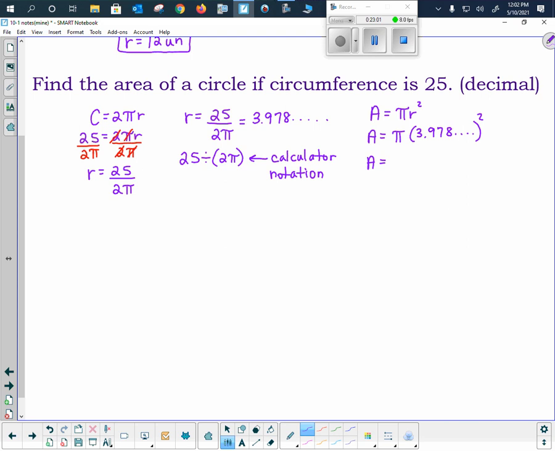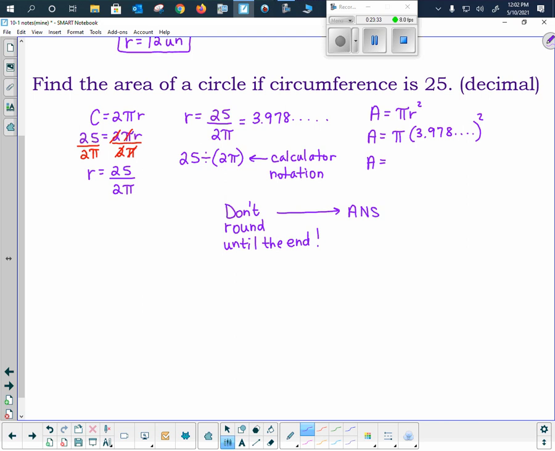So let's talk about keystrokes again, guys. So you should learn how to use your answer key, because you can't do the following, right? You can't round until the end. We said you can't use a rounded answer to get another rounded answer. And therefore, you want to make sure that you're using your answer key, especially if you're on a graphing calculator.